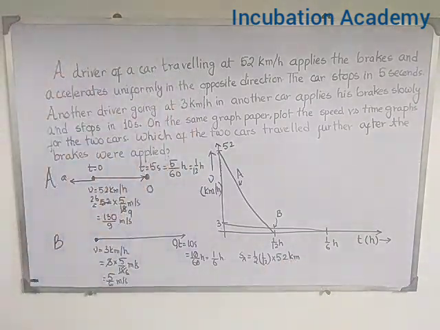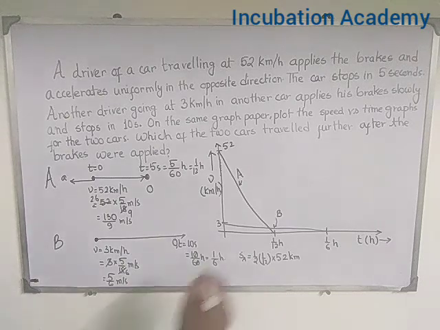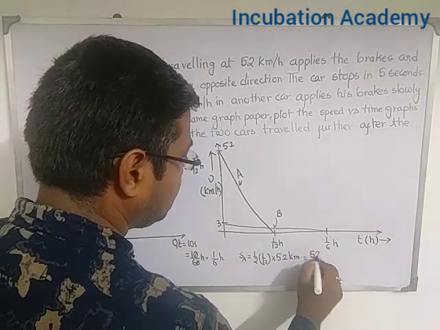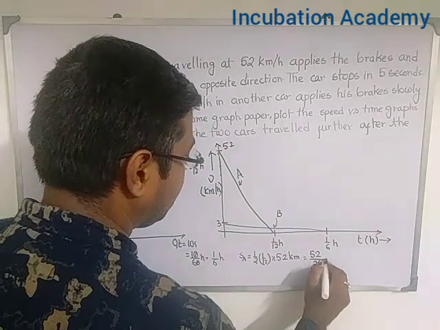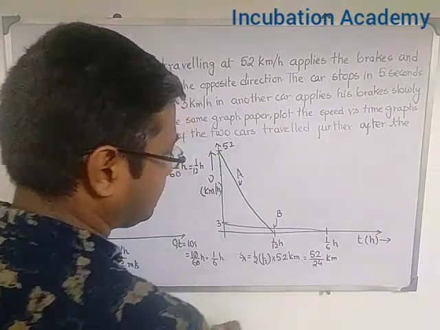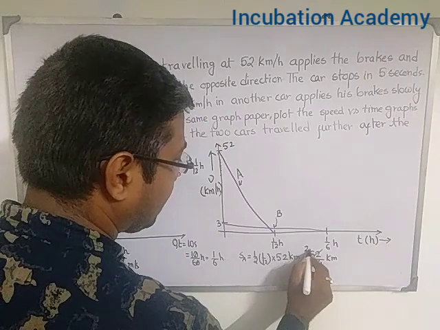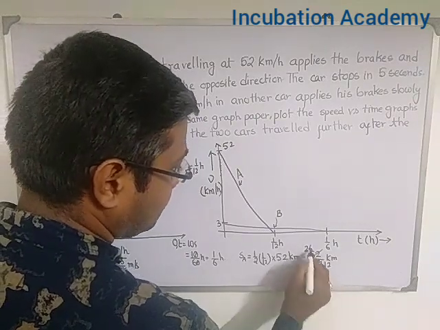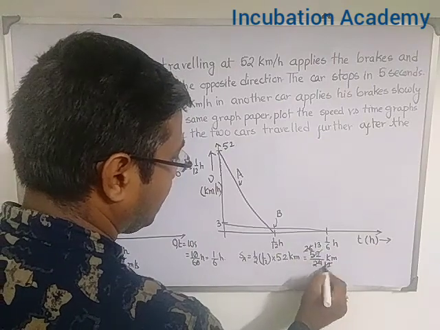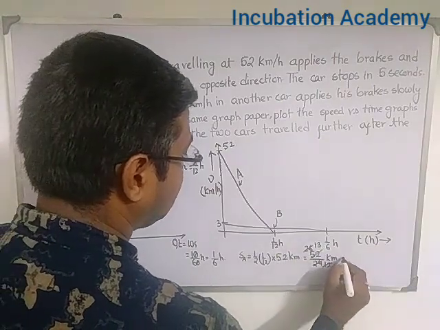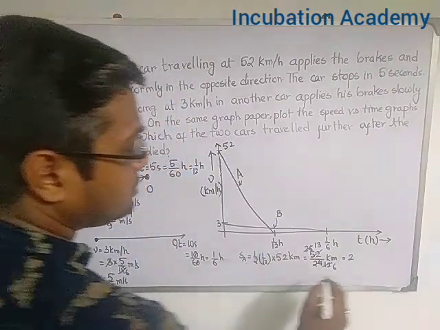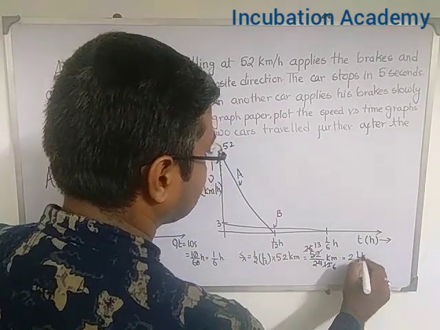So this is the distance traversed by car A. This becomes 52 divided by 24 kilometer, or 13 by 6 kilometer, which means 2 and 1 by 6 kilometer.